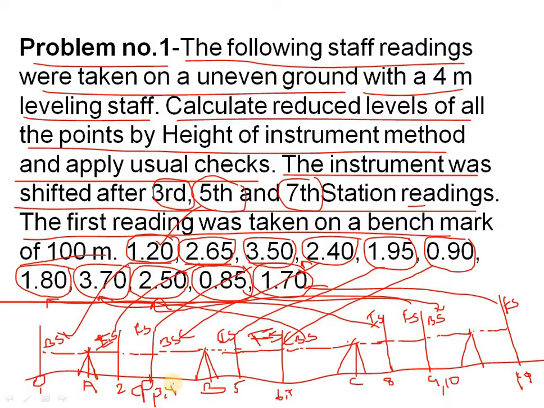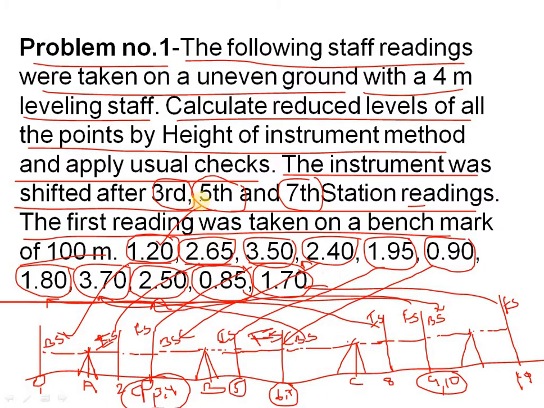So this is CP1, 3 and 4, change point 1. Okay, again at the 5th and 7th stations. When the 5th has come, this is the intermediate side, in between 6th and 7th reading it will be changed. Okay, and after then we will be getting the reading at the 9 and 10. Okay, that is FS and BS again meeting here.